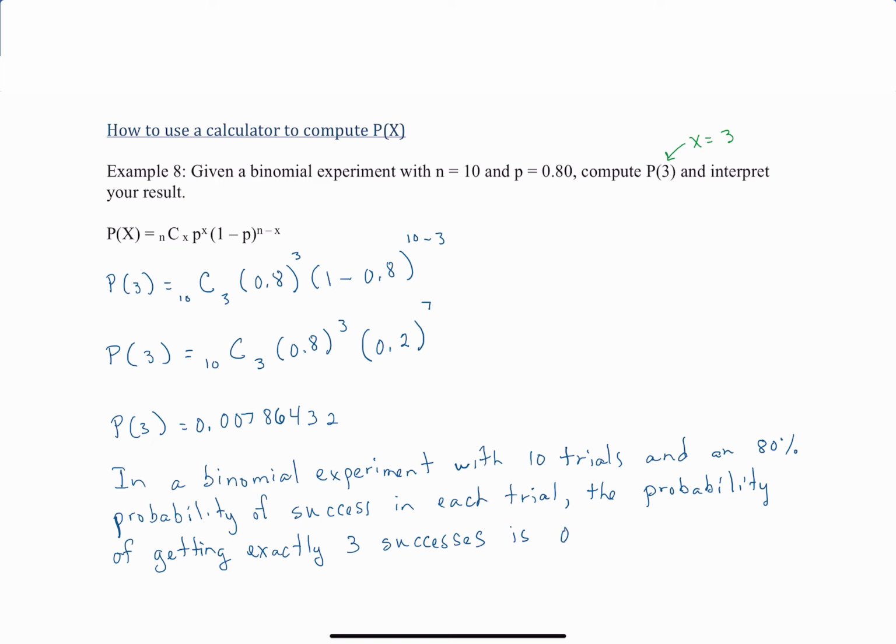So a little bit less than 1% probability of getting exactly 3 successes out of our 10 trials.